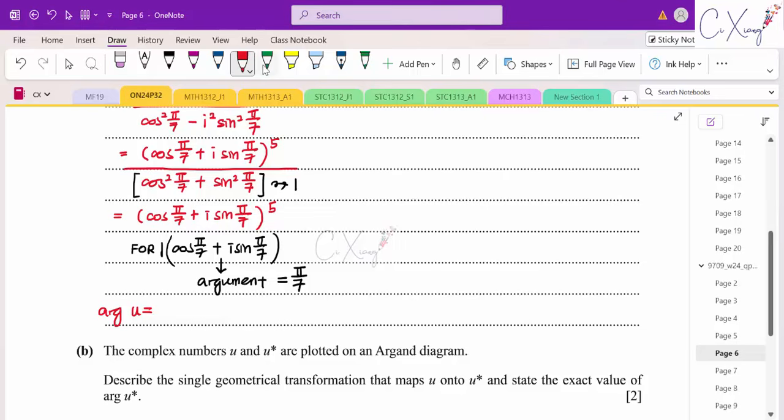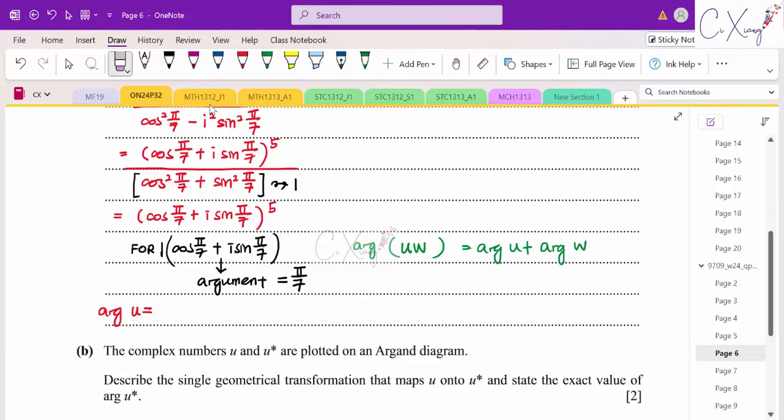To get the argument for u, because we are having a power 5, we did learn a shortcut formula before. When you are having the complex number u multiplied with w, to get the argument of u multiplied with w, you just add them together: argument u plus argument w.